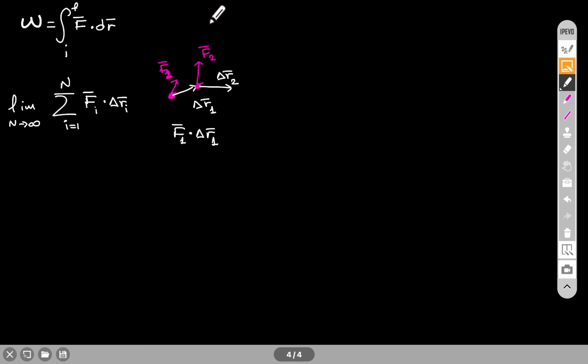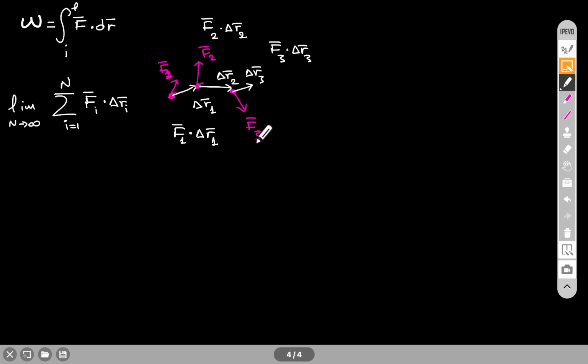From this motion, I'm going to calculate the dot product between F2 and delta r2. And then the story keeps going. Now my object is here, the force acting at that point is this one, and now the particle goes here. Let's call that delta r3. Now I calculate the dot product between this force and the displacement.